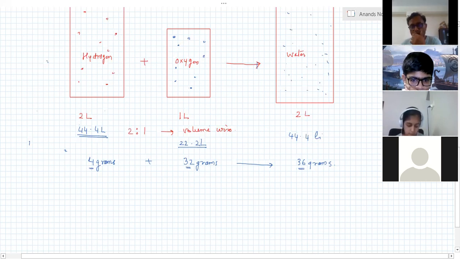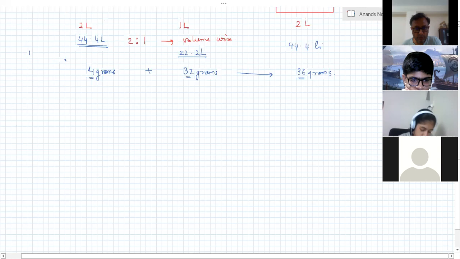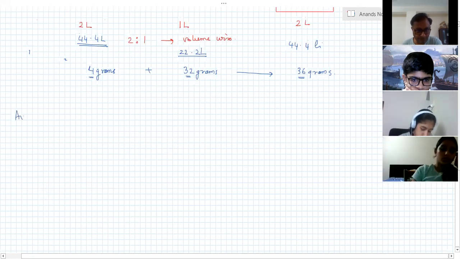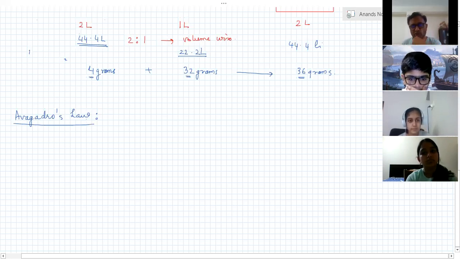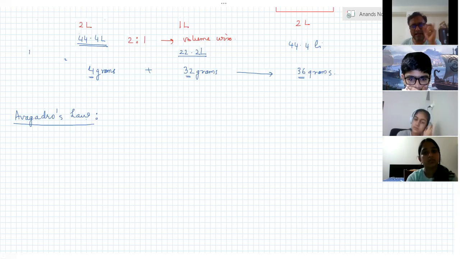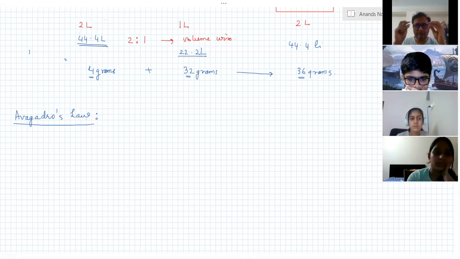This finding made Avogadro come up with Avogadro's law. Avogadro put too many things together. Gay-Lussac is giving this volume-wise relationship, and Dalton is telling that when atoms combine, the individual atoms have to combine with each other.